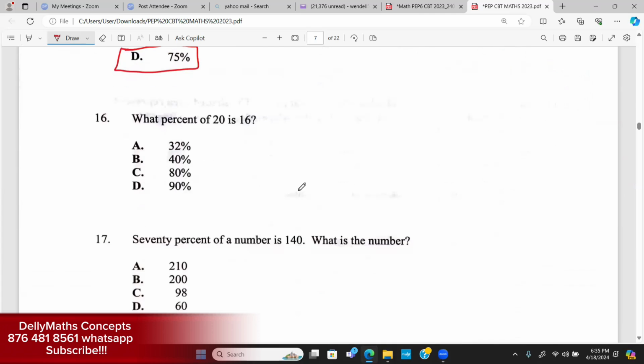All right. Question 16 says, what percent of 20 is 16? The "of" goes at the bottom and the "is" goes on top all the time. So basically you're dealing with 16 over 20, and then you want to break this down. Again, remember now you're changing this to a percentage.